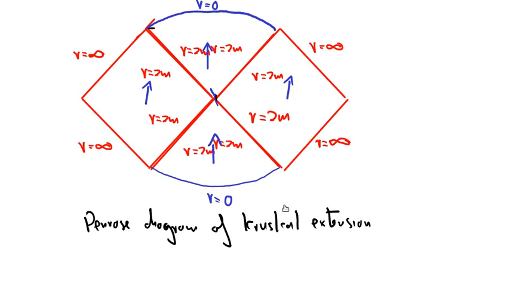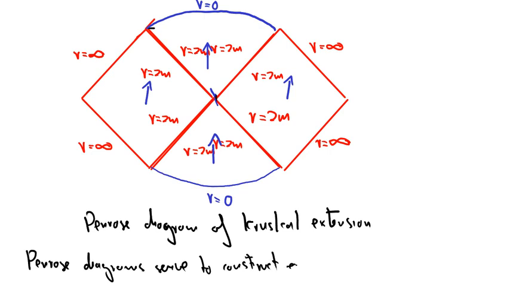So Penrose diagrams are useful to construct extensions. The extensions are constructed by joining Penrose diagrams according to the rules I said.